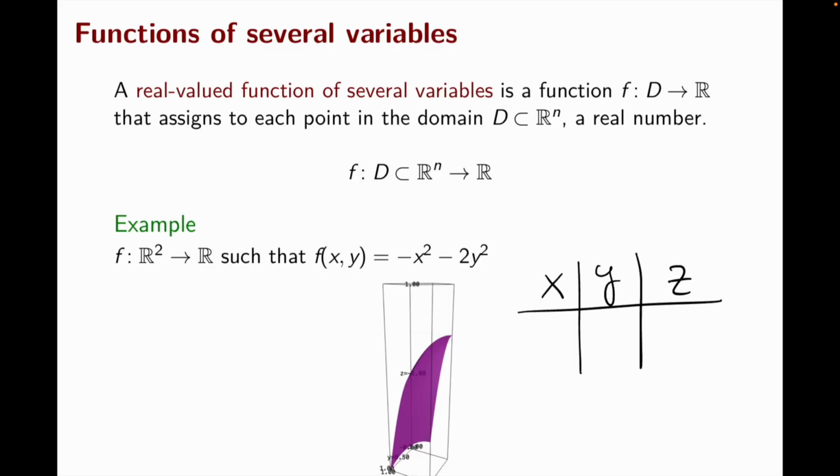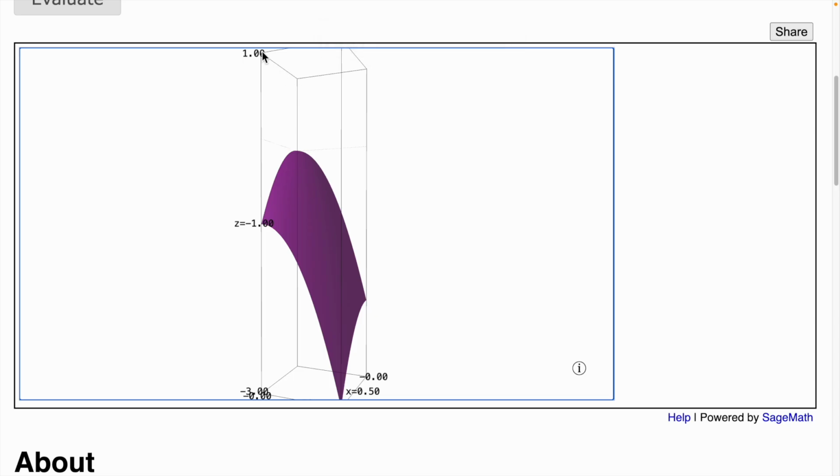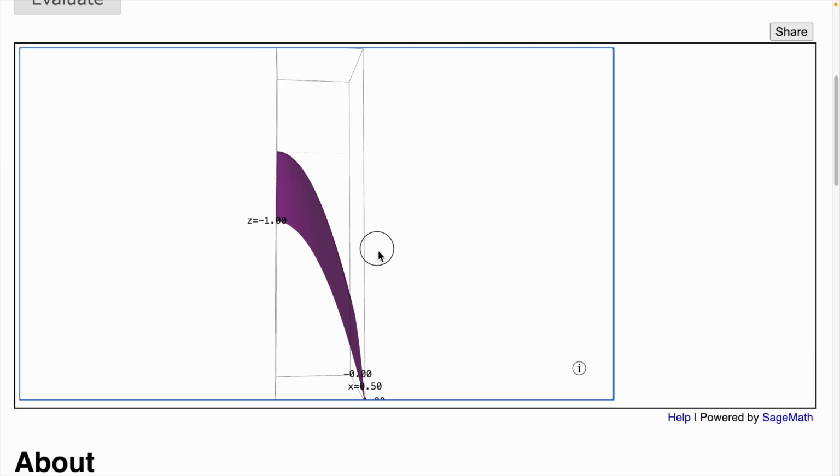So you can see that the graph of this function is going to look like something like this in this window. We can here see the axes, so this will be the z-axis, and here the x and y axes. We can see, for instance, that when x and y were 0, z in this case was 0, and so on for all the other values when we put different values of x and y in the domain.